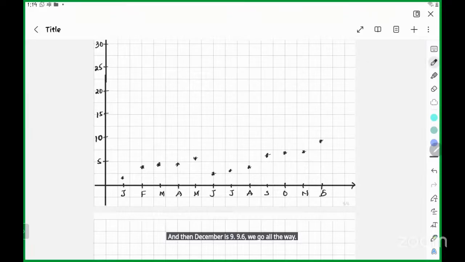When you are joining these, you join with a straight line. Okay, you join with a straight line. So here my straight line goes.